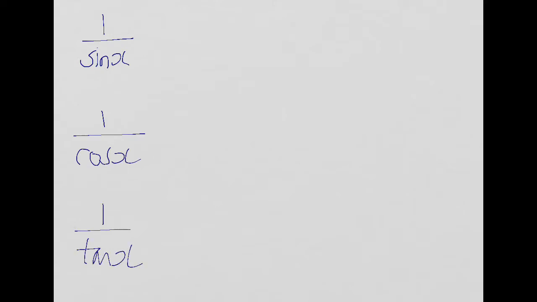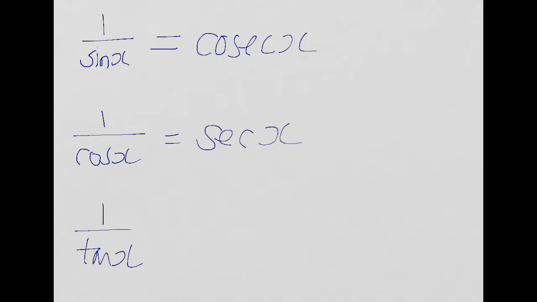And there are 3 of these because obviously we have 1 over sine x, 1 over cos x, and 1 over tan x. And 1 over sine x is cosec x, 1 over cos x is sec x, 1 over tan x is cot x.